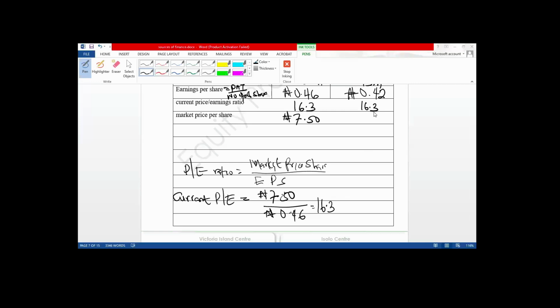That means this ratio will not change. With this arrangement, we can derive what the market price will be after the rights issue has been completed.